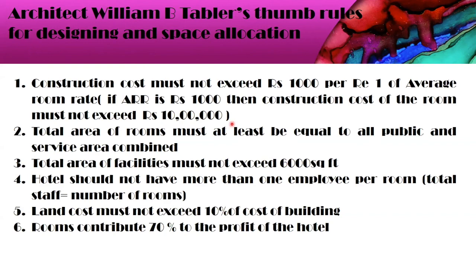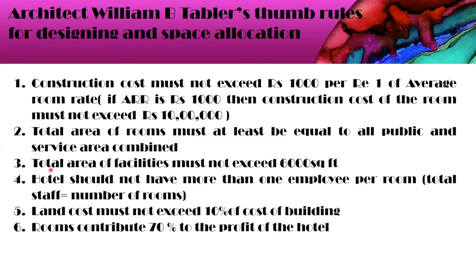Then the second thumb rule given by him says that the total area of rooms must at least be equal to all the public area and service area combined, because the rooms generate a lot of revenue. So the space allocated to the guest rooms should be ample.